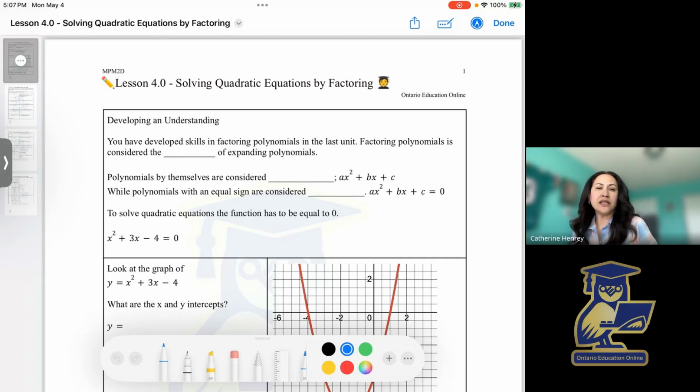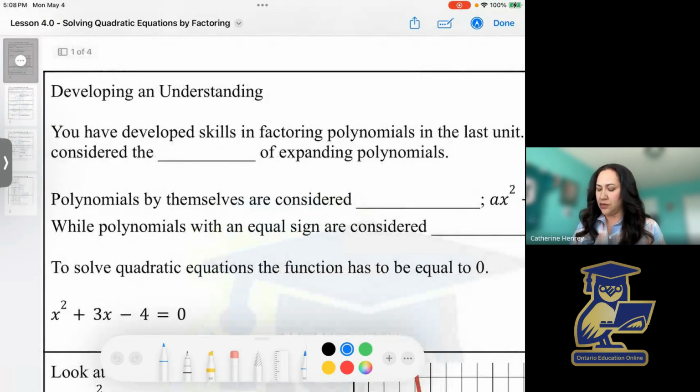Hi everyone, welcome to lesson 4.0, solving quadratic equations by factoring. In the last unit, we developed skills in factoring polynomials, and factoring polynomials is considered to be the opposite of expanding polynomials. So let's fill that in.